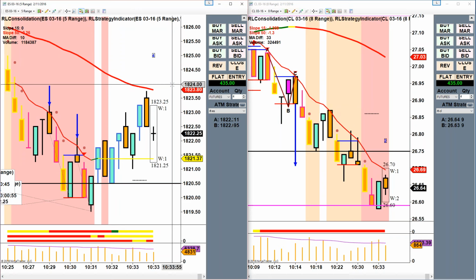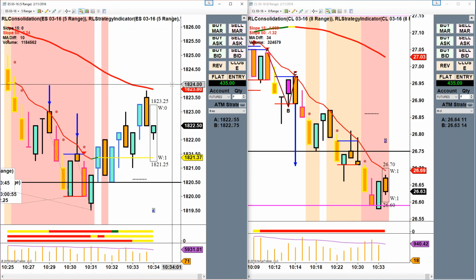And with a little bit of chart time, this system is not hard to master. We've got a bunch of people on mentorship, and they're doing really well. And also being in the room, you get to understand this program extremely well. It's just a matter of looking for multi-time frame alignment, a trade off support or resistance, and get the quants going in your favor.